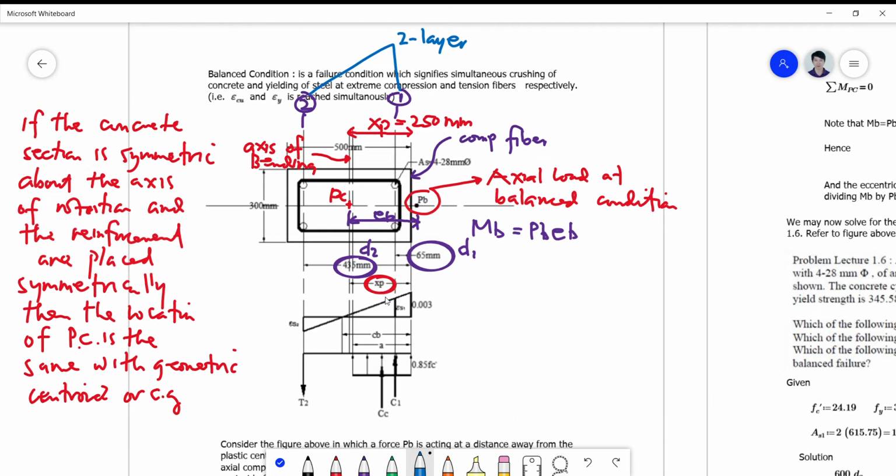So the illustration or the representation of your strain and stress diagram is the same with that of the beam.